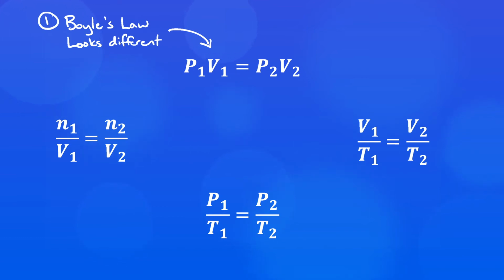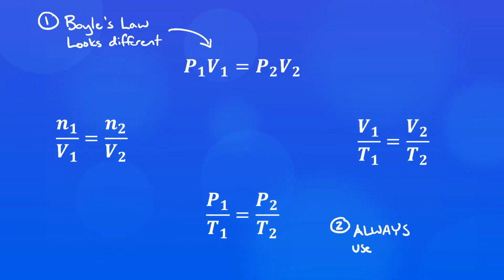So as volume goes down, pressure goes up. They're changing in different directions. The algebra you'd use to get you the equation is still the same, but because it's an inverse relationship, we end up with a form that looks like this. P1 times V1 equals P2 times V2. Just something to remember. It looks different than the other gas law relationships.